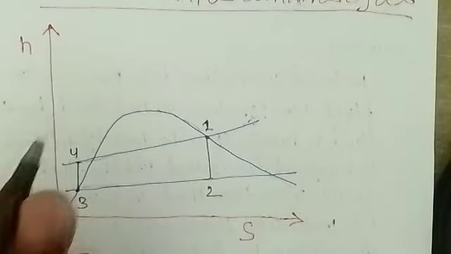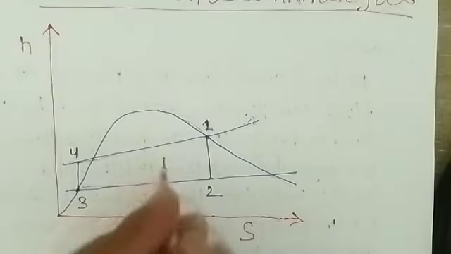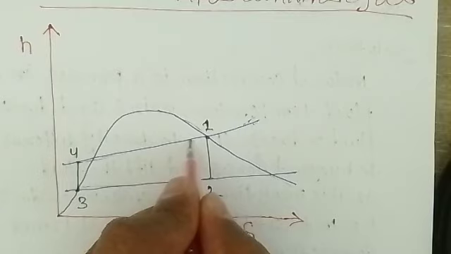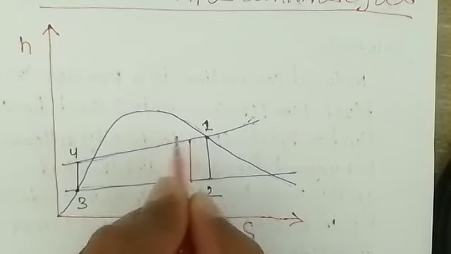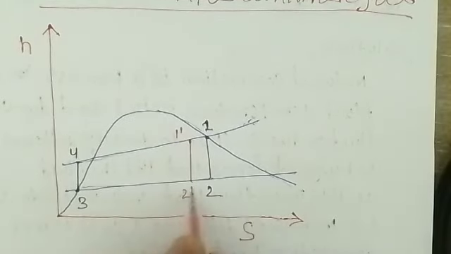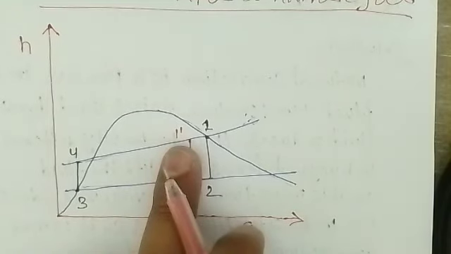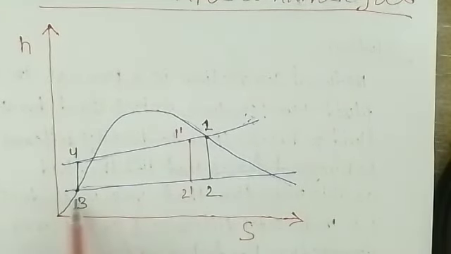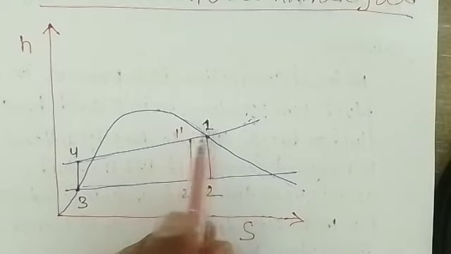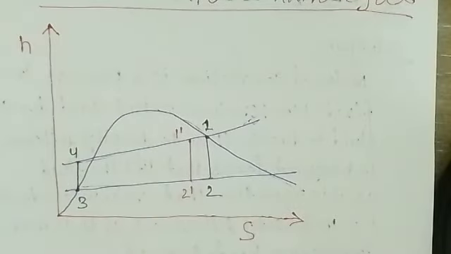Let's say the steam is wet steam. For wet steam you can see this is 1' and 2'. This is the expansion in a turbine. At the inlet of the turbine it is wet steam, so that's why it came here. So 2' to 3 is condensation, 3 to 4 is the pump, and 4 to 1' is the heat supplied.